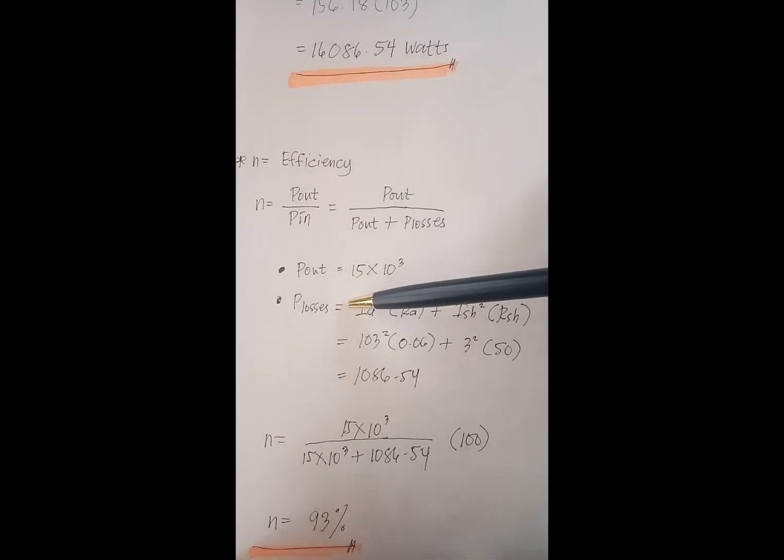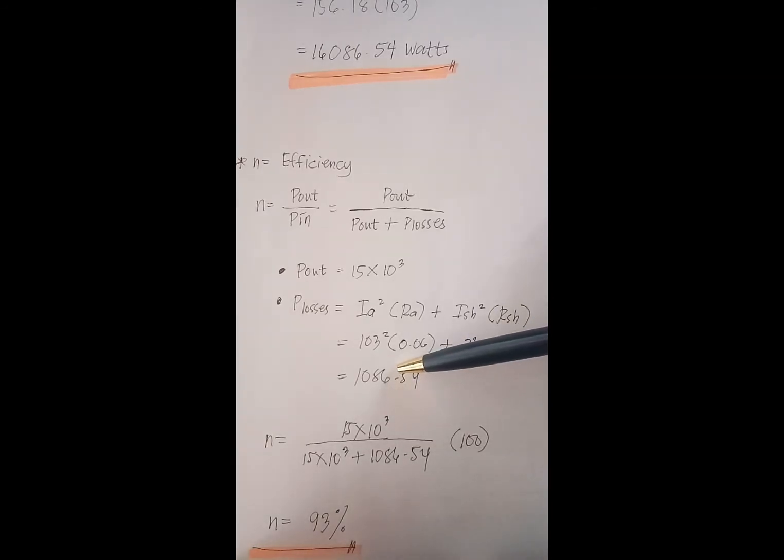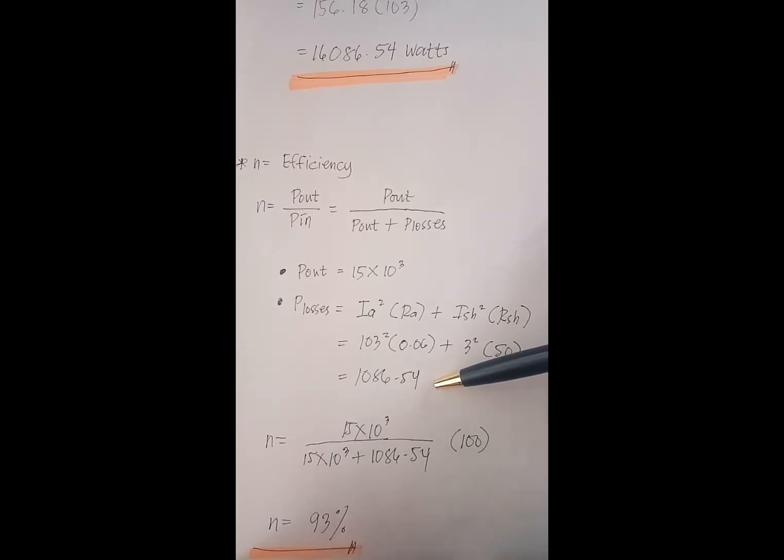So P losses is equal to armature current squared times RA plus shunt field current squared times RSH. Substitute 103 squared times 0.06 ohms plus 3 squared times 50 ohms. So we get the value for the P losses, which is 1086.54 watts.